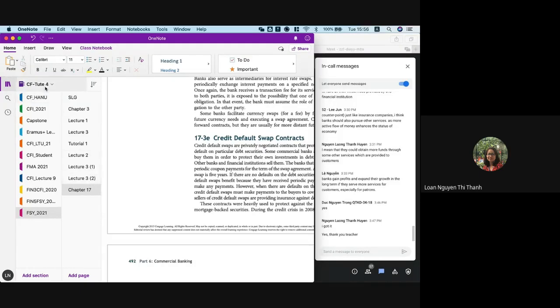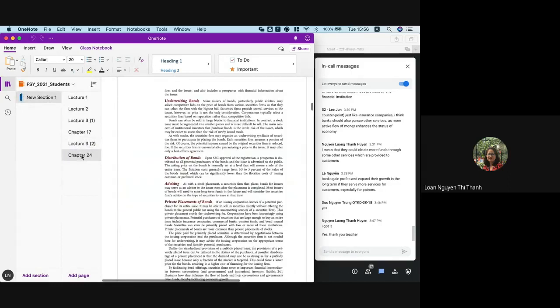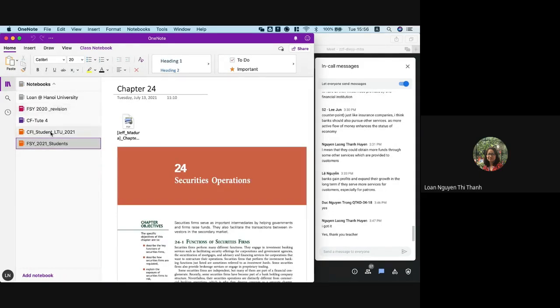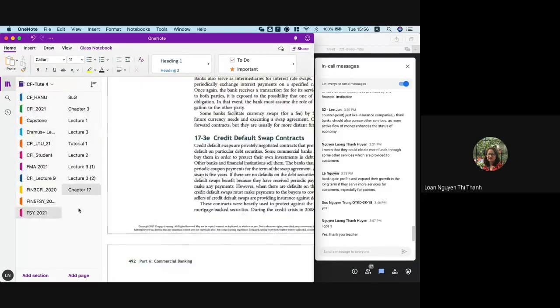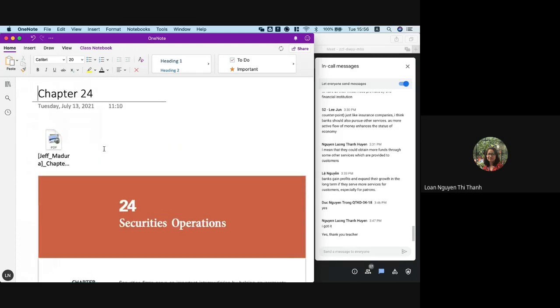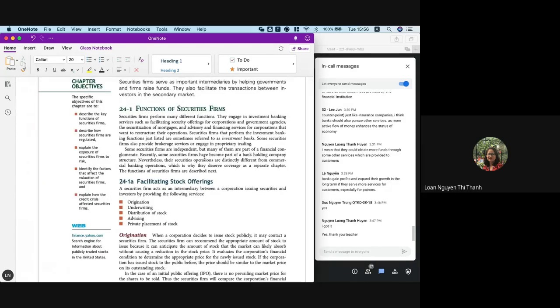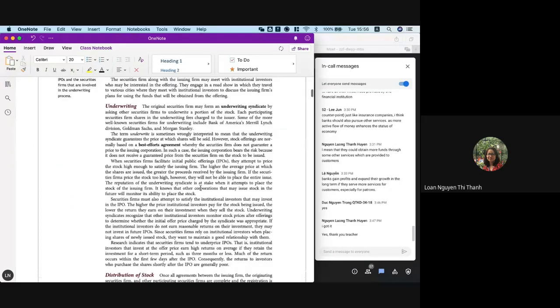We will do number 24. It's about security operations. You see the function of security firms.